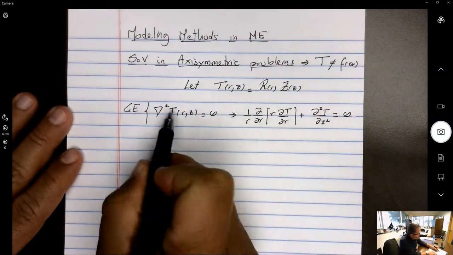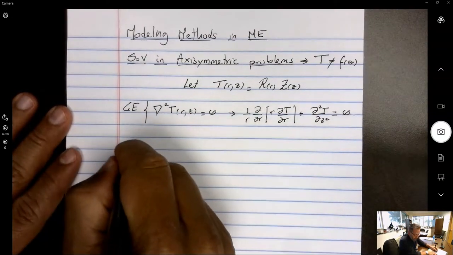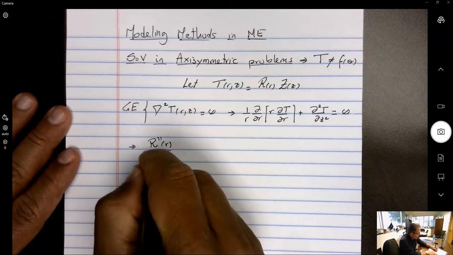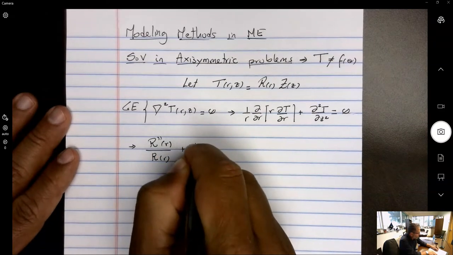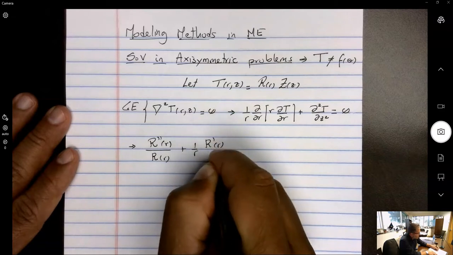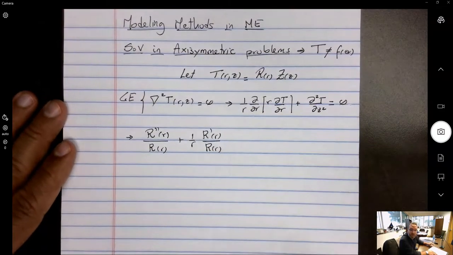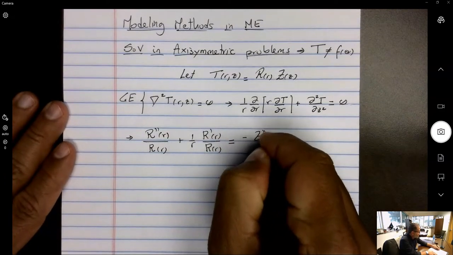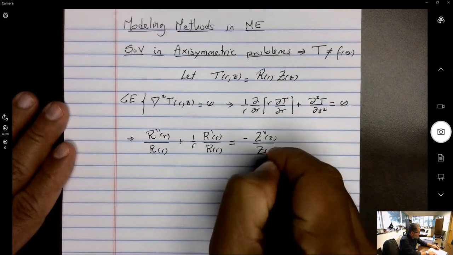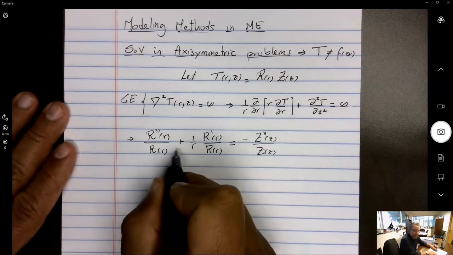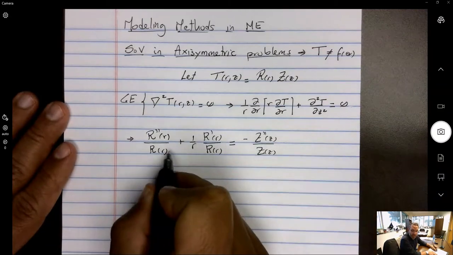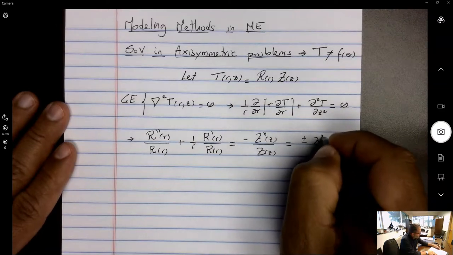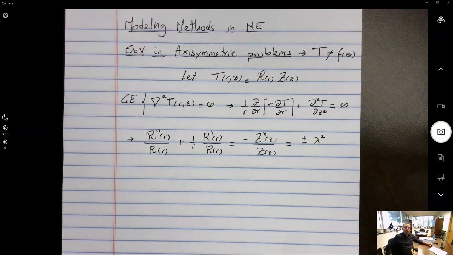By implementing this assumption into the governing equation, we end up with R double prime of R over R of R, plus 1 over R times R prime of R divided by R of R. This is after separation: we sent all the R's to one side and all the Z's to the other side, Z double prime of Z divided by Z of Z. Since the left-hand side is a function of R and the right-hand side is a function of Z, as we've done before, we can conclude this can only be possible if they're both equal to a constant.